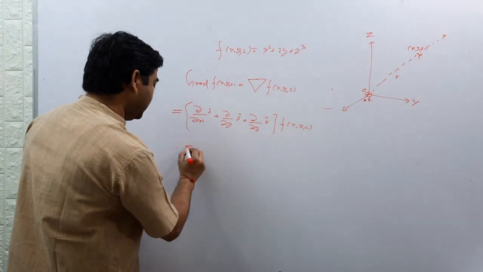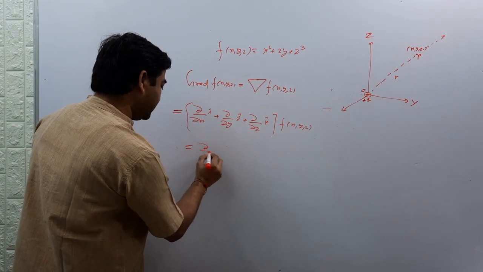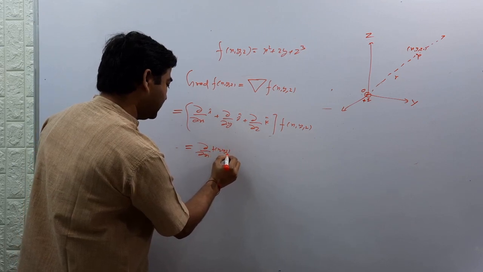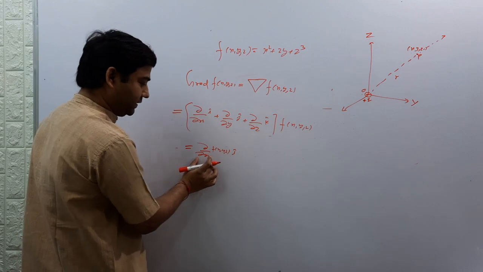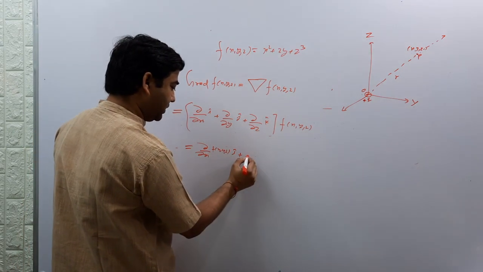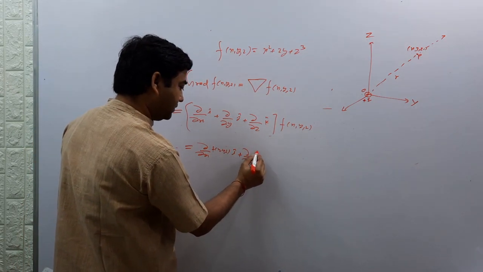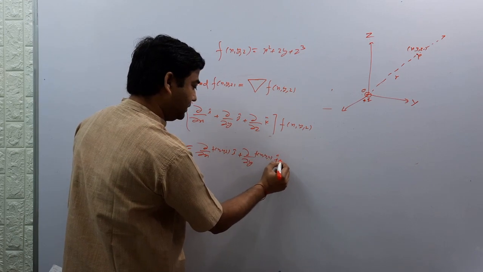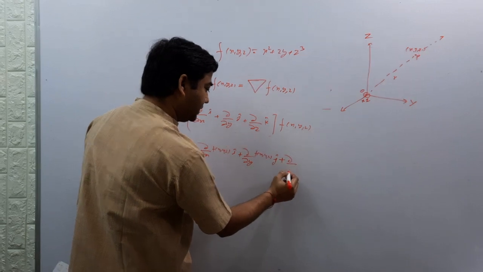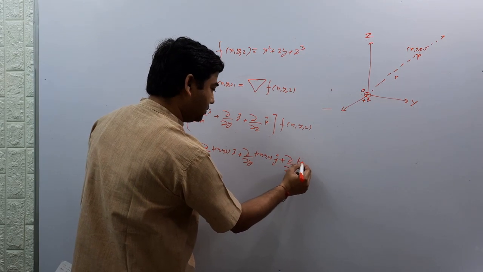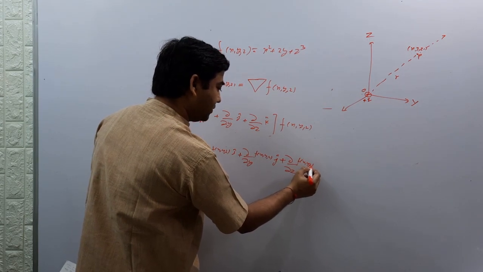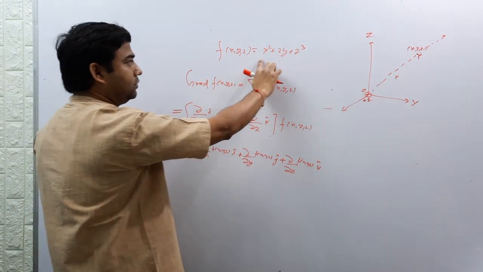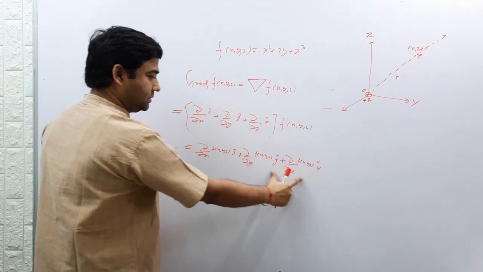So it will be del/del x of f(x, y, z) i, that is partial differentiation of the function with respect to x, plus partial differentiation of the function with respect to y into j, plus partial differentiation of the function with respect to z into k. Now put the value of the function in this expression.